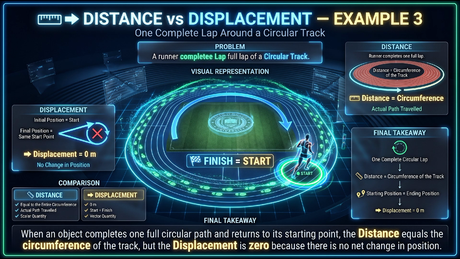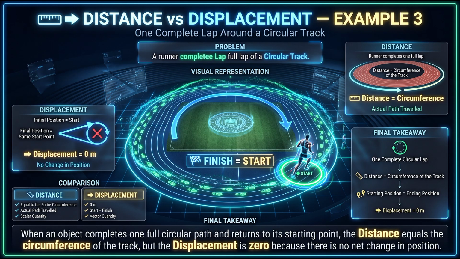This is an important concept in physics because many students mistakenly think that if an object has moved a long way, its displacement must also be large. However, displacement only measures the net change in position. If the object returns to its original position, the displacement becomes 0, no matter how long the path was.